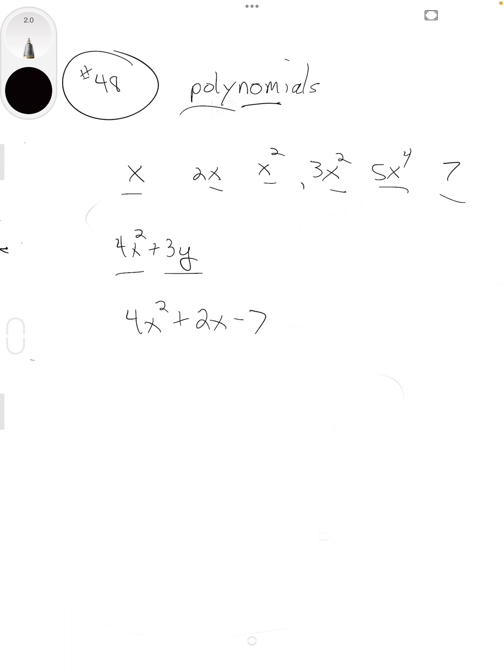The answer is yes, it is, because these all have the same variable, except for a number. Or 5x to the fourth plus 2x. That's a polynomial. It doesn't have to have a number. These, yes, are polynomials. This, no, that is something else.